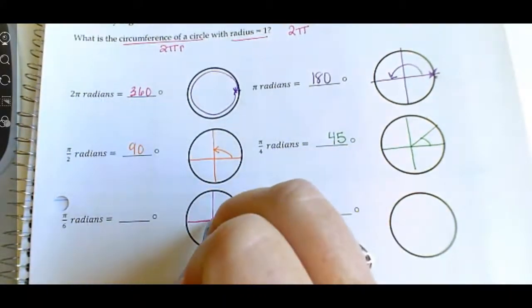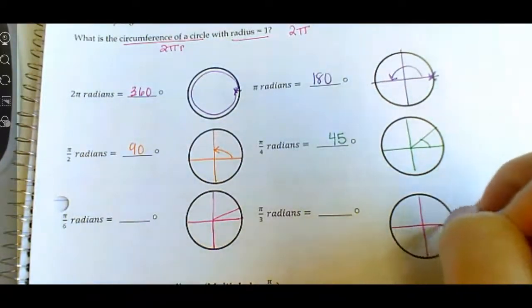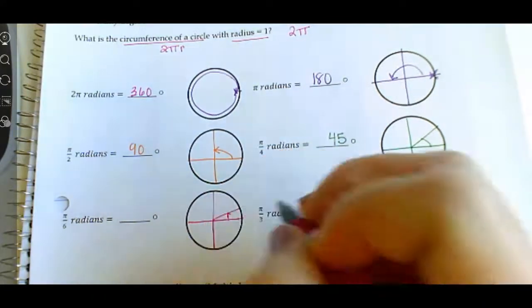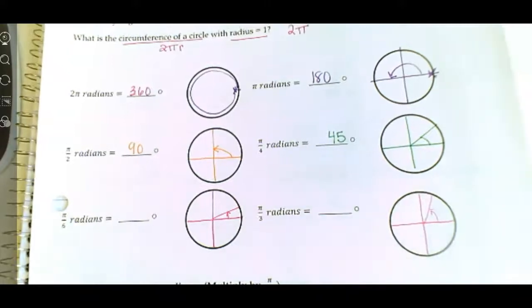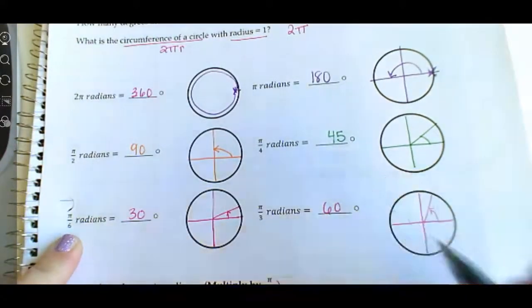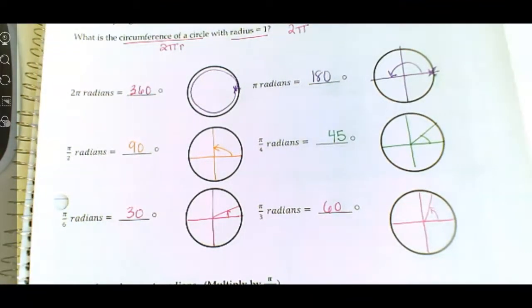I will tell you that pi over 6 is smaller than pi over 3. So I just drew it a little smaller and a little bit bigger. Okay? And I'm just going to tell you that pi over 6 is 30 degrees and pi over 3 is 60 degrees.